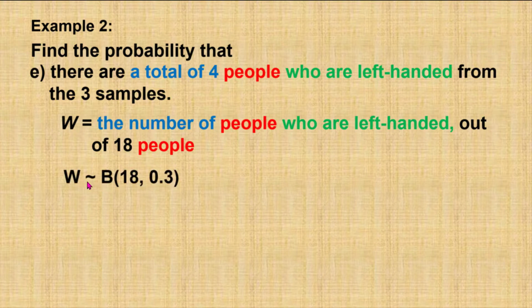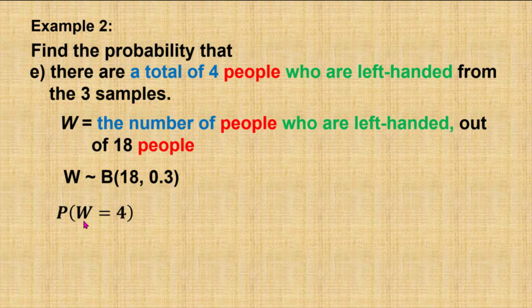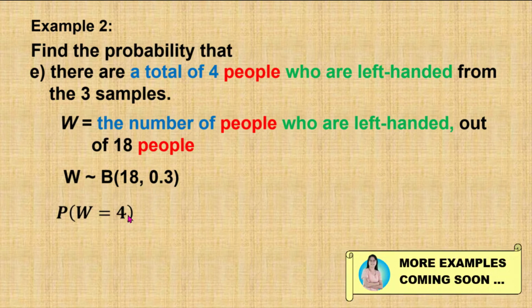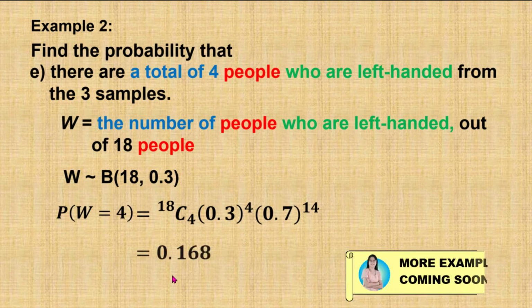So W follows binomial distribution with n is 18 and the probability of obtaining people who are left-handed is 0.3. The probability that the total of 4 people means the probability when W is equal to 4. Using the binomial formula, we got the answer 0.168.